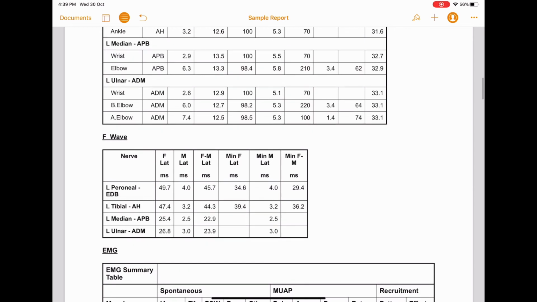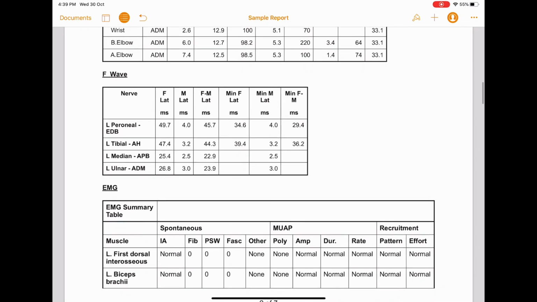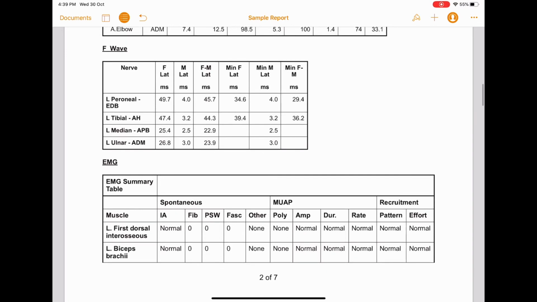Then we look at F waves. I'm not gonna go into detail on the F waves in this video. We can talk in further sessions and further videos in detail about late responses. And briefly about EMGs.